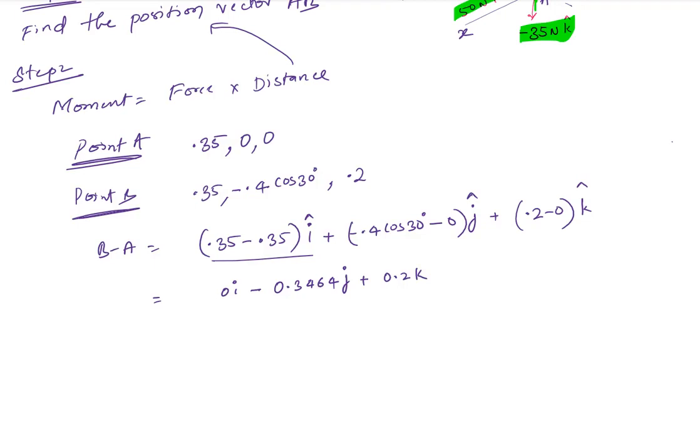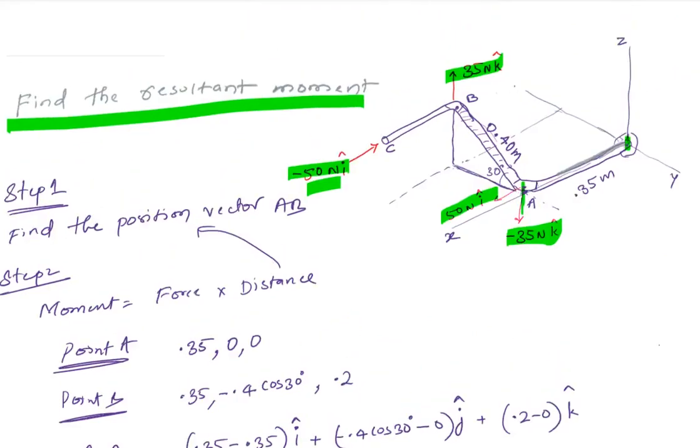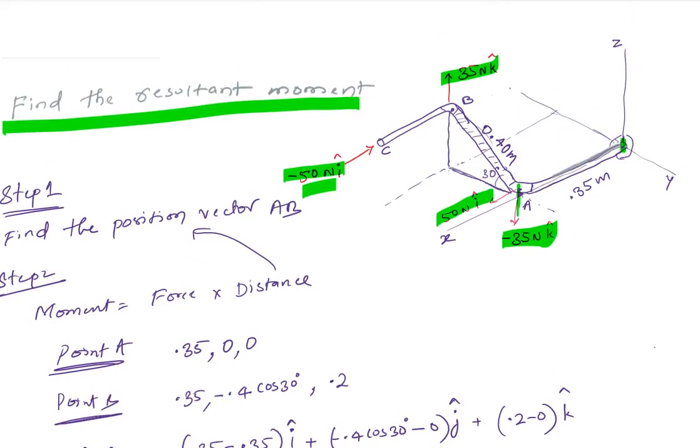Okay? So that's our position vector. Simple. Now all we need to do is step 2, which is multiply the position vector, once with the 50 Newton vector, and another time with the 35 Newton vector.